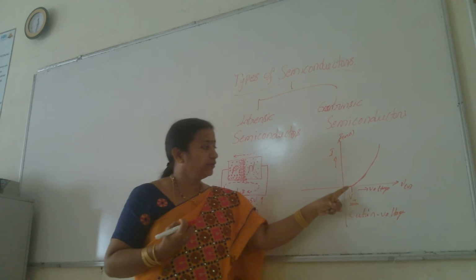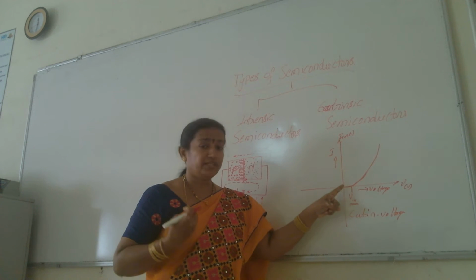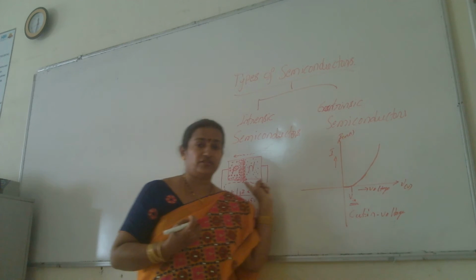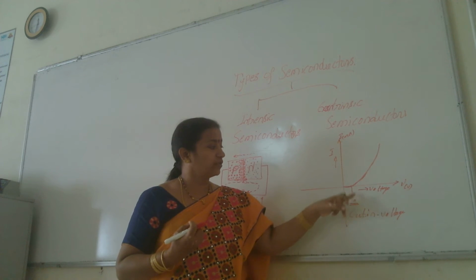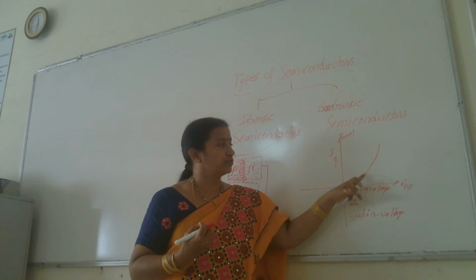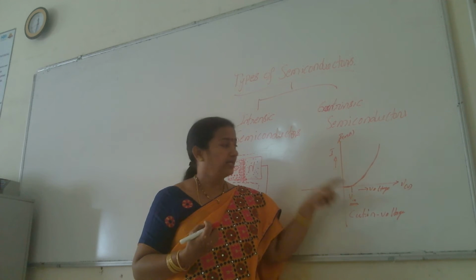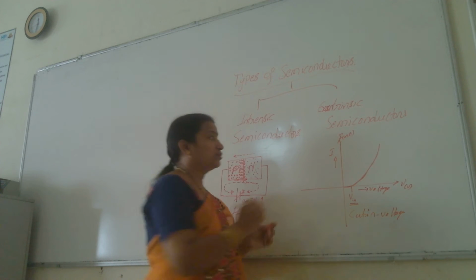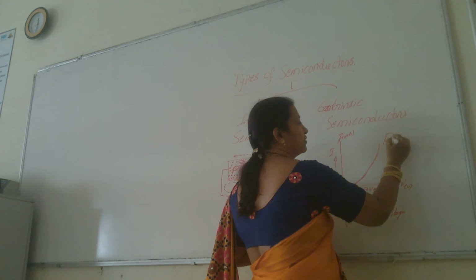After crossing this cut-in voltage, charge carrier movement takes place, and it allows some current to flow through this junction. After crossing the cut-in voltage, the current starts to increase like this. This is the current and this is the voltage. This particular characteristic we call the forward bias characteristics.